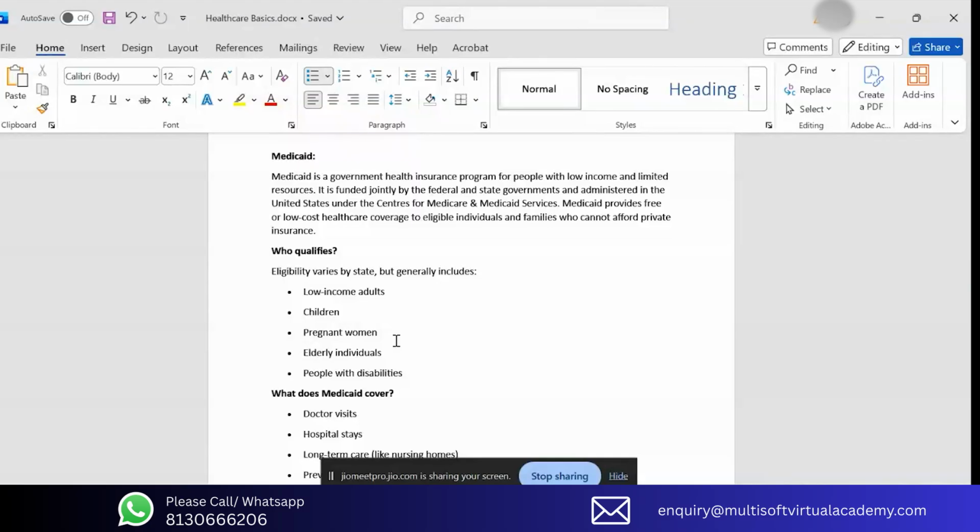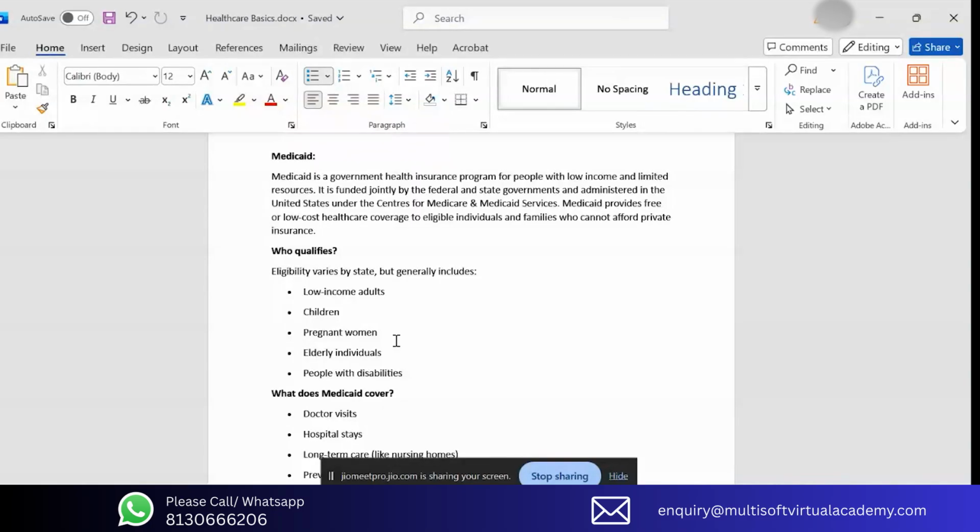Medicaid is for people who have very low income, who cannot afford much for their illness, and will basically go under Medicaid.